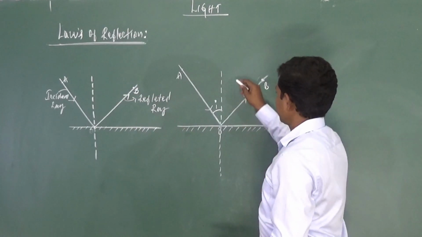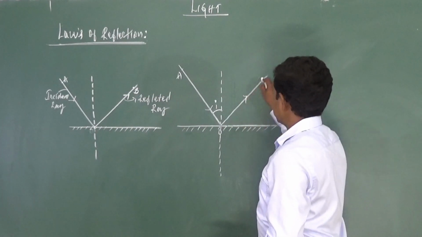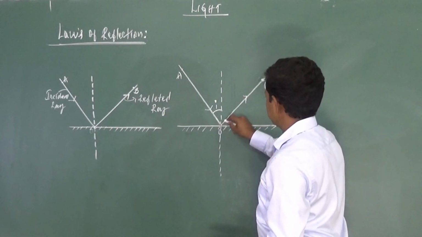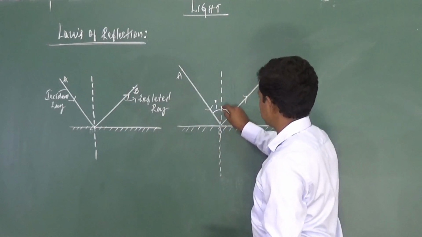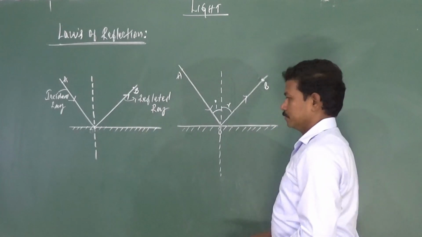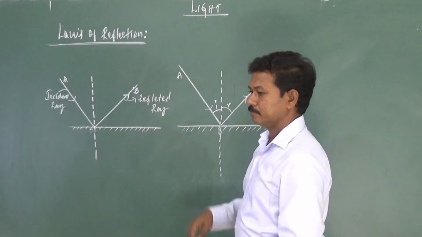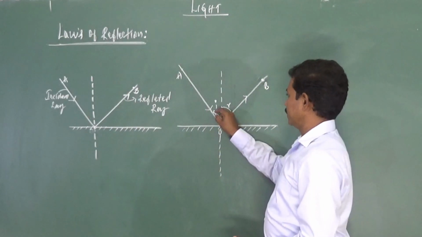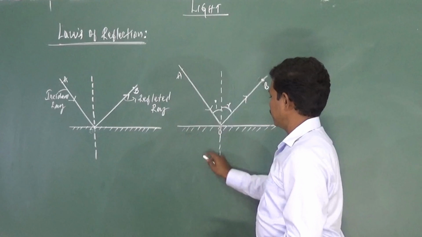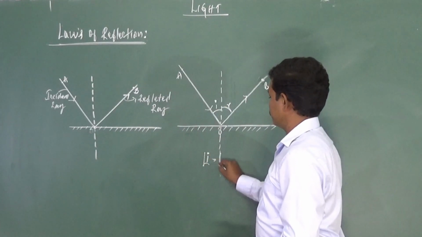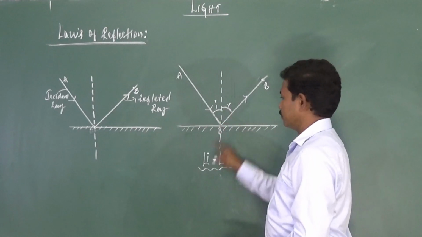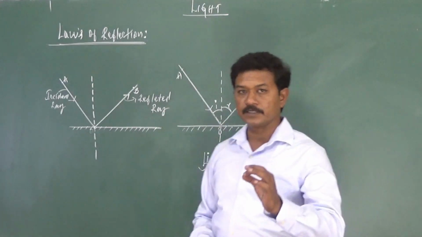So OB is the reflected ray. The angle between the reflected ray and the normal is called the angle of reflection, represented by small letter r. If you measure angle i and angle r, you will find that angle i is always equal to angle r. That is, the angle of incidence is always equal to the angle of reflection.